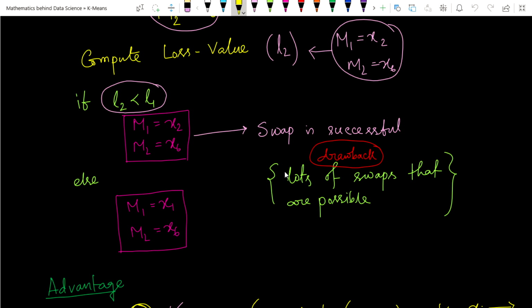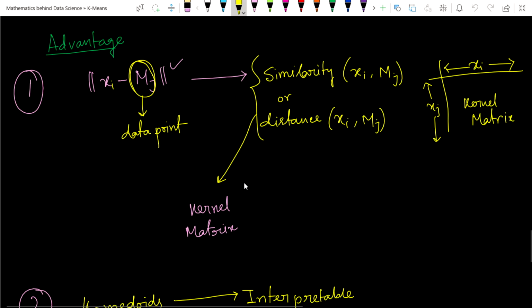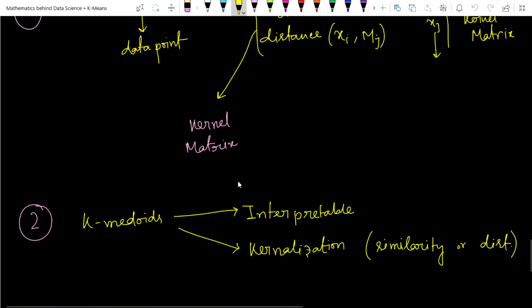The main drawback of this algorithm is that a lot of swaps are possible if our data set is large. The main advantages are that it is interpretable and kernelization is possible here.